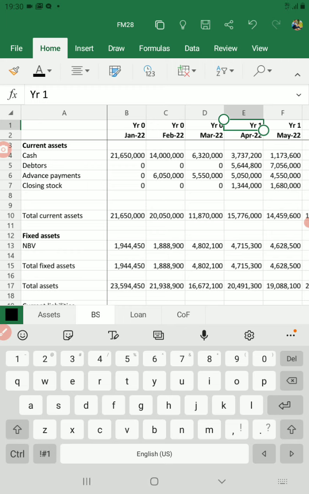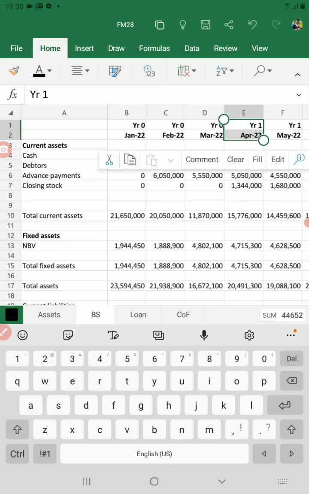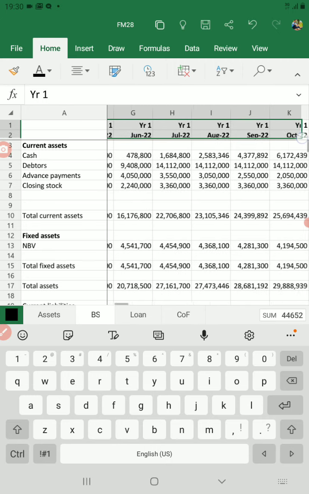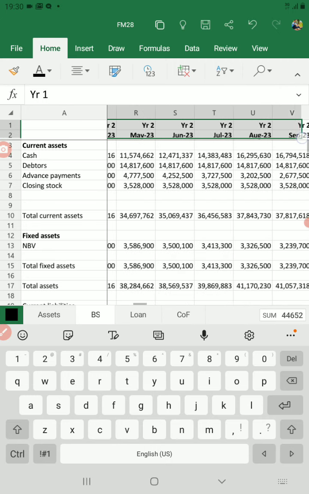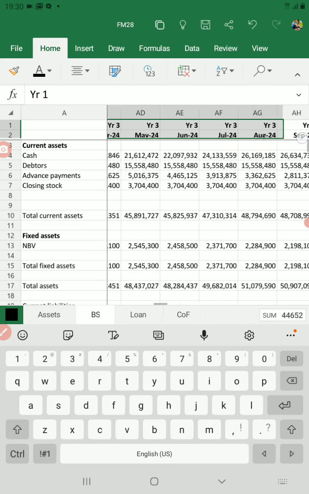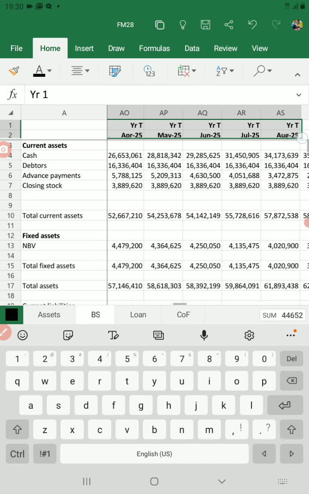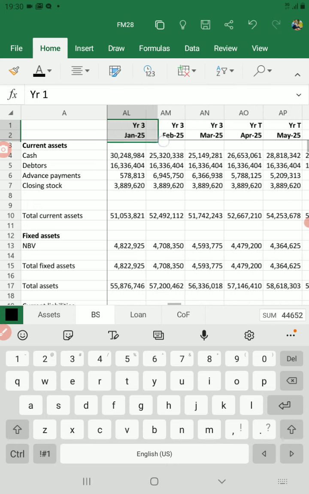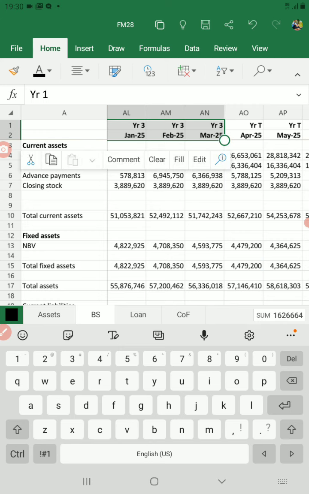So that is what we will take. So from here, and I'm going to copy this up to the end of our projection period, which is the end of year 3. Here. And then I copy that.